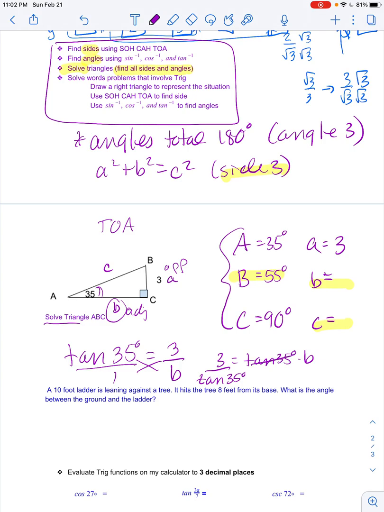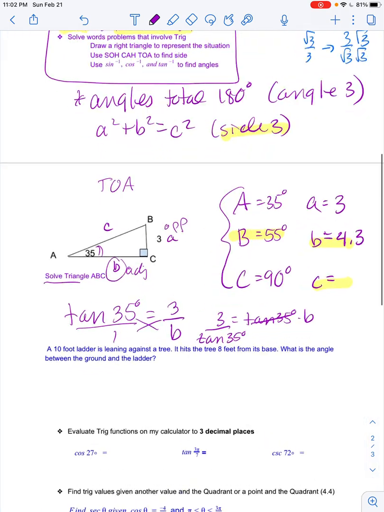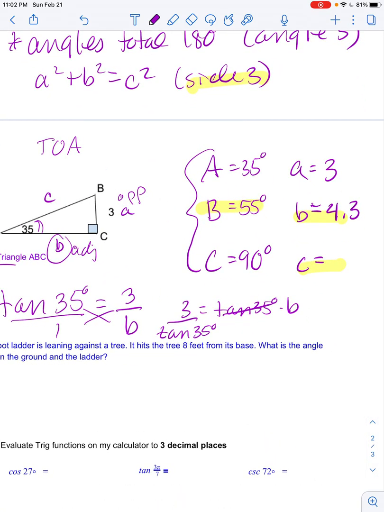Make sure that when you go to do that, your calculator's in radian mode. So I would have 3 divided by the tangent of 35, and that tells me that this is about a 4.3 unit long angle. Excuse me, side. And then to do the last part, I can just go ahead and do my a squared plus b squared.